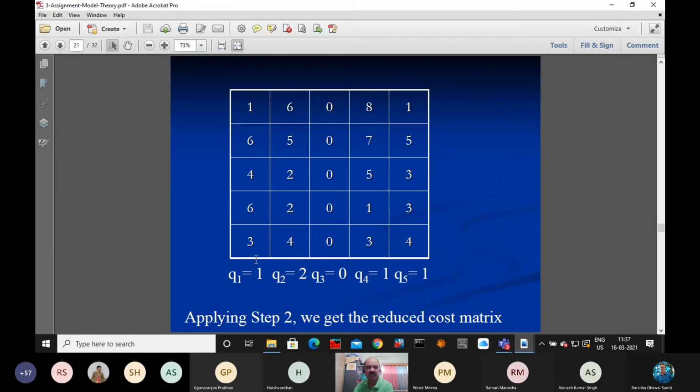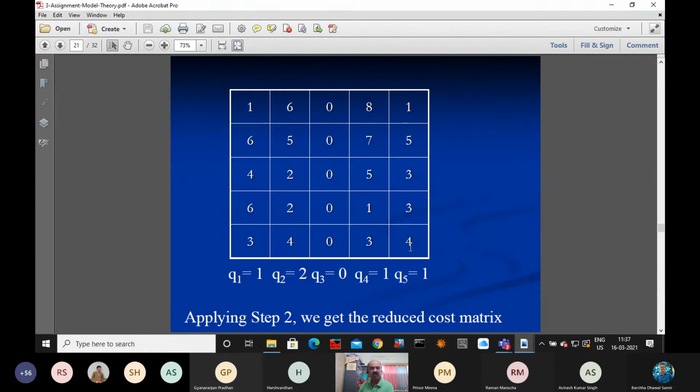There is no 0 in the first column. There is no 0 in the second column. There are 0s in the third column. In the fourth column and fifth column, there is no single 0. So what do we do? We subtract further from the first column 1, from the second column 2, third column 1, and fifth column 1.